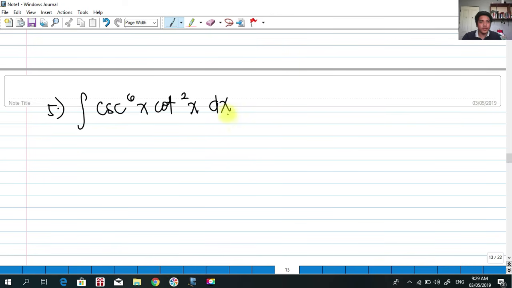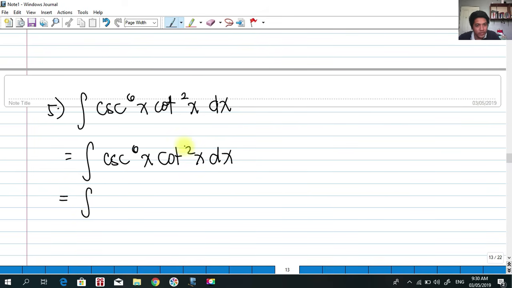In this case, we have to strip off cosecant squared in order for us to get a u of cotangent of x.